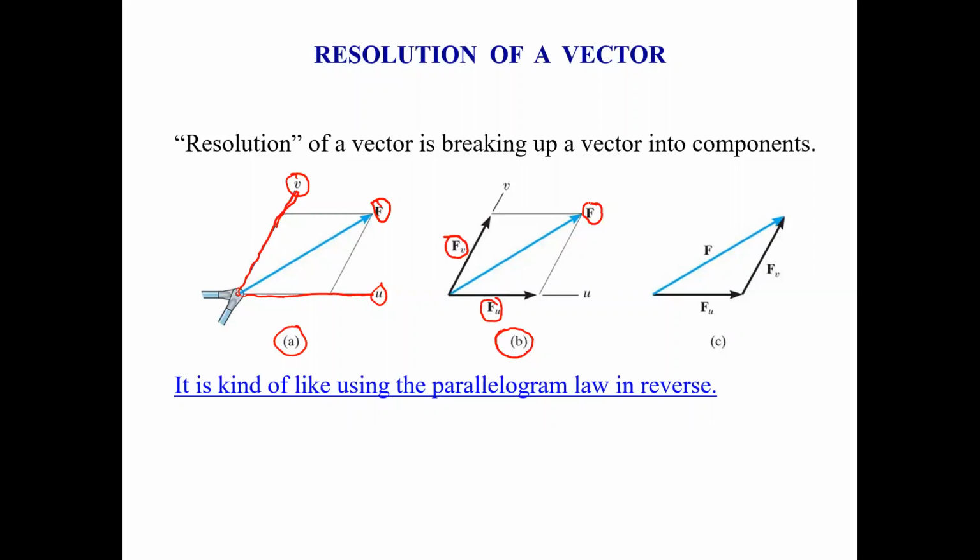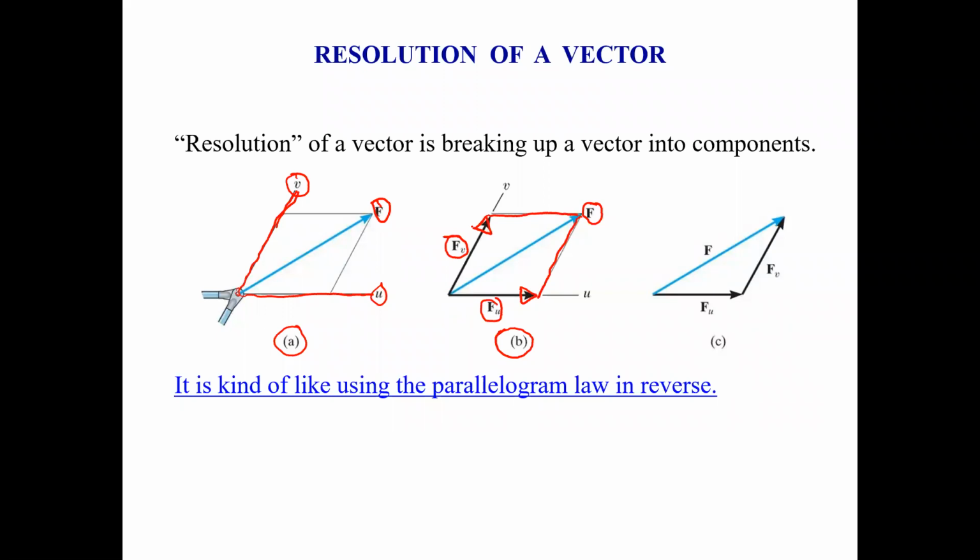So you draw this line here, you draw this line here, and this is your f sub u and this is your f sub v. So these are the 2 components of vector f. So that's how we resolve vector f into 2 components, f sub u and f sub v.